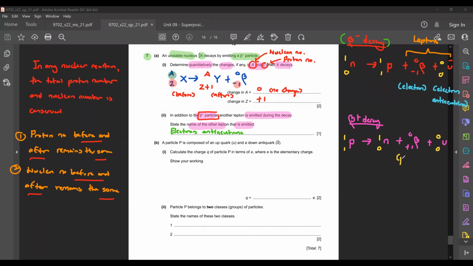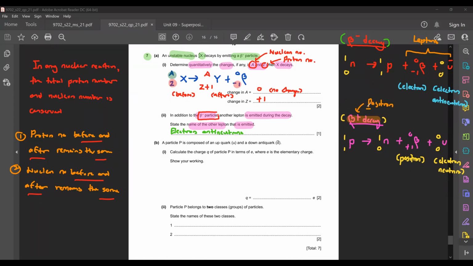Okay, so this one is our anti-electron or our positron. Okay, so then this one is our electron neutrino. Okay, now the easy way to remember whether it should be proton changing to neutron or neutron changing to proton is that you always start by remembering beta plus decay first. Now beta plus is positron, isn't it?